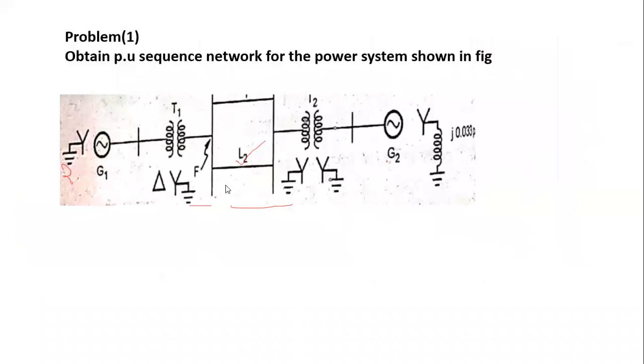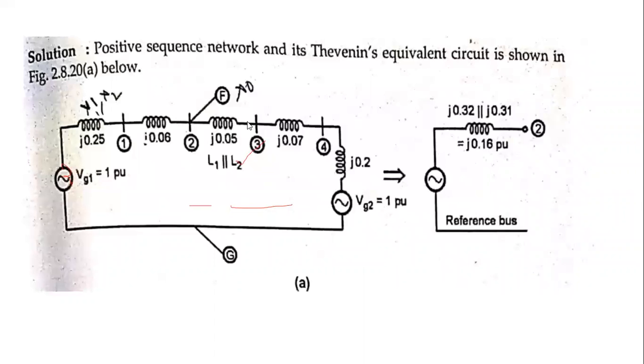These two transmission lines are connected in parallel. What is the formula for parallel connection? L1 parallel to L2, that is L1 L2 by L1 plus L2, and its value is J0.05.